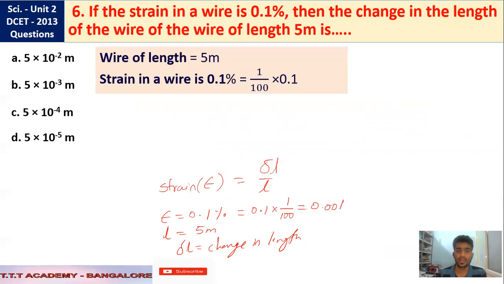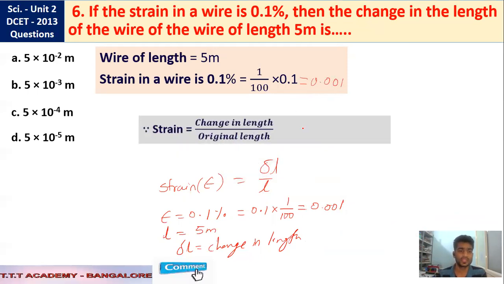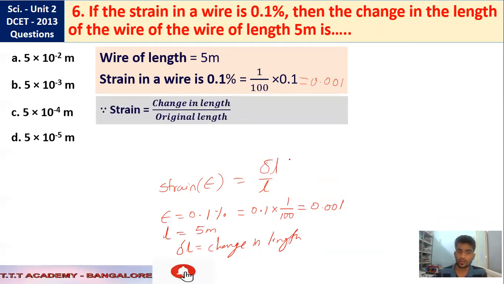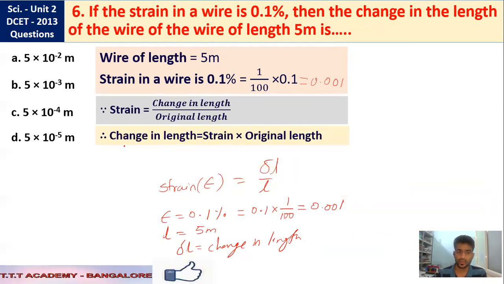First of all, the length of the wire is 5 meter. The strain in the wire, 0.1 percentage, is 0.1 into 1 by 100, which is 0.001. We know that strain is change in length by original length, so change in length equals strain into original length.